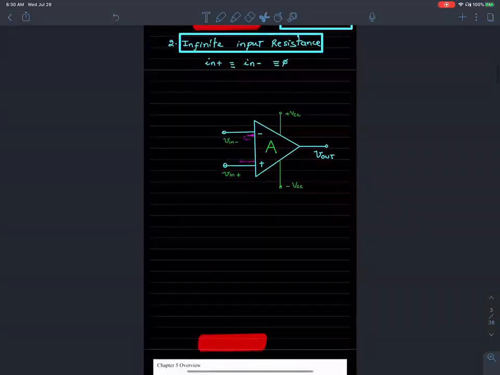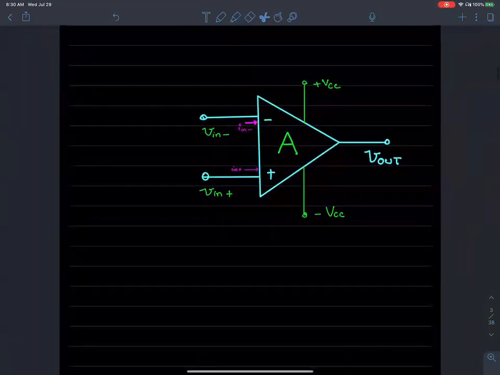Let's continue our discussion of the op-amp here.